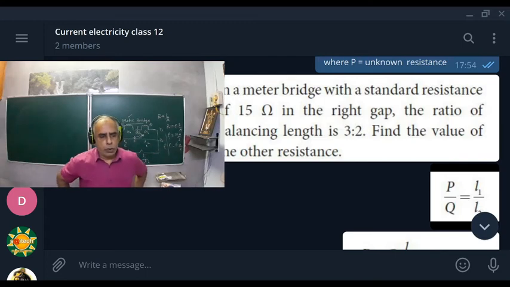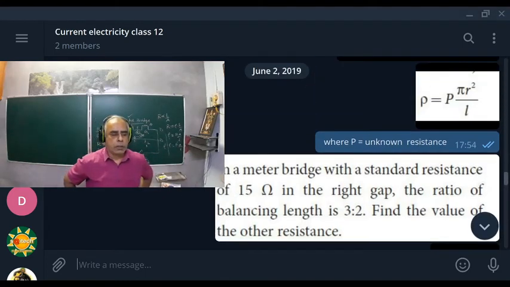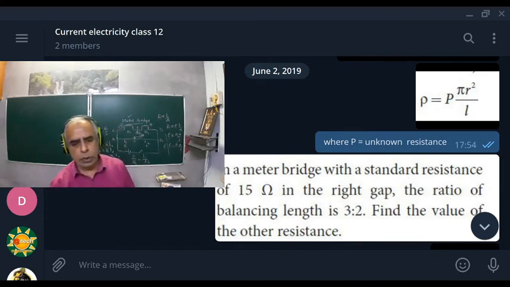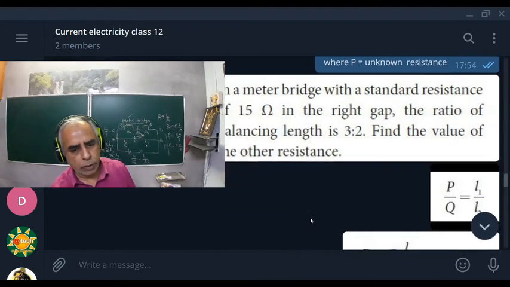In a meter bridge with a standard resistance of 15 ohms in the right gap, the ratio is given as 3:2. So L1 is 3, L2 is 2. Now find the value of the other resistance. How can we find out? It's very simple. P by Q is equal to L1 by L2. Q is given, L1 is given, L2 is given, you have to find out P. Are you comfortable with this? So the answer is 22.5 ohm.